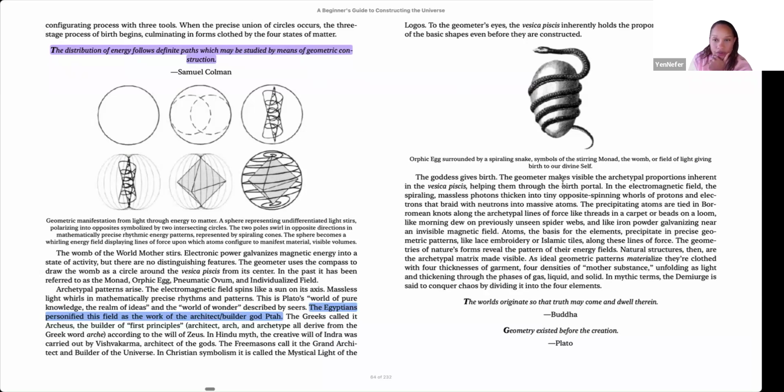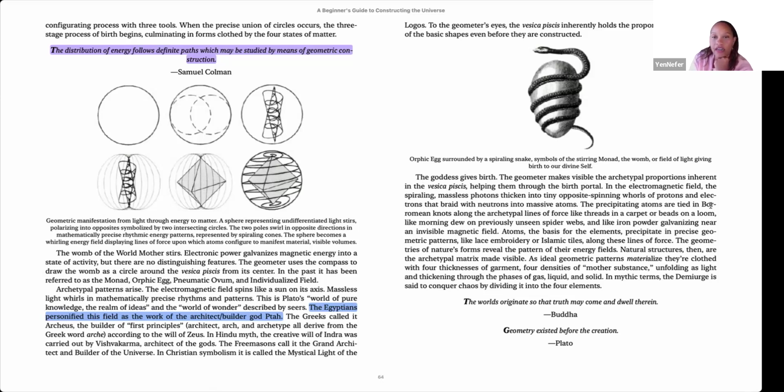The goddess gives birth. The geometer makes visible the archetypal proportions inherent in the Vesica Pisces, helping them through the birth portal. In the electromagnetic field, the spiraling, massless photons thicken into tiny opposite spinning whirls of protons and electrons that braid with neutrons into massive atoms.